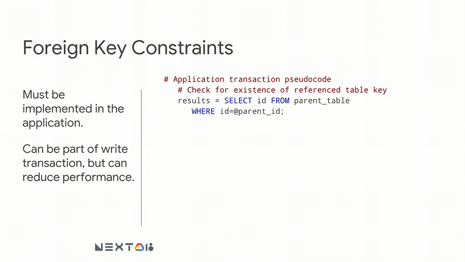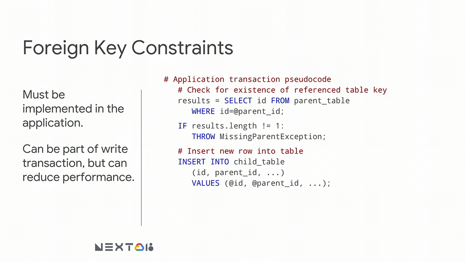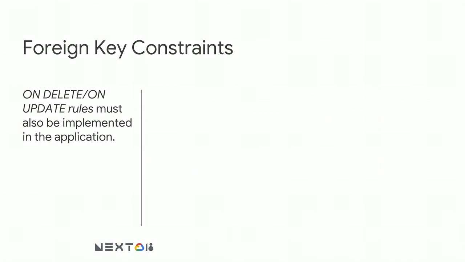If you do want to add foreign key constraints, you can easily do it yourself in the database access layer, simply by checking for the existence of a reference table key, and if it doesn't exist, throw an exception. And if it does, then you insert your row, and there's a foreign key constraint check implemented application side.